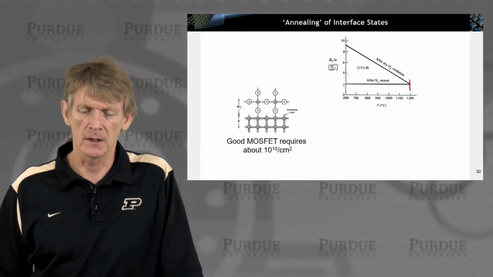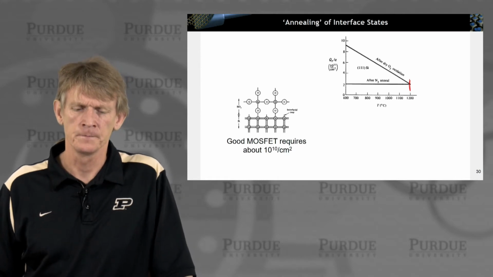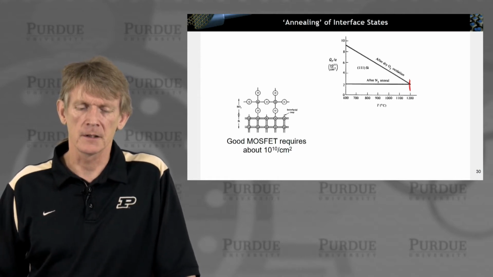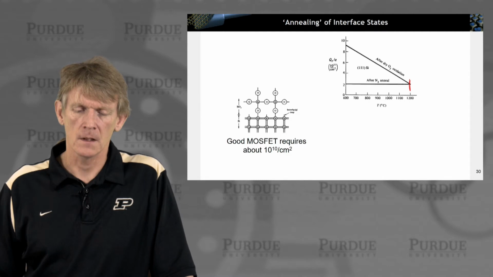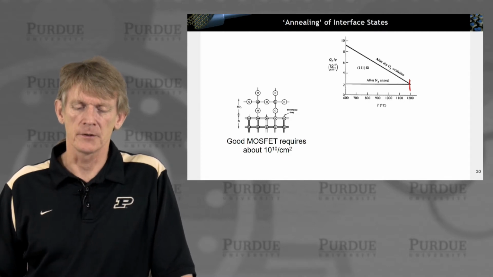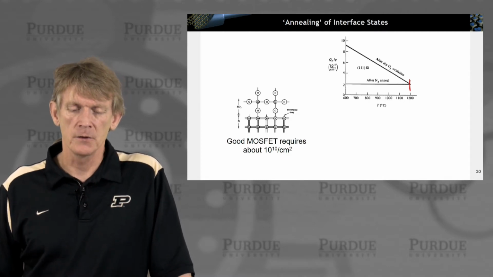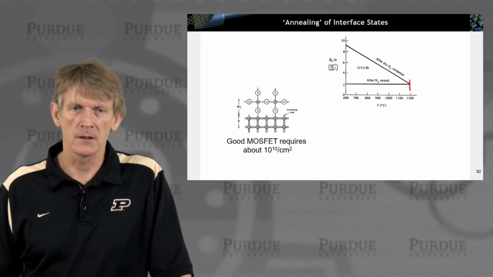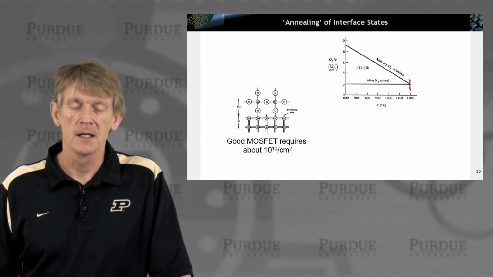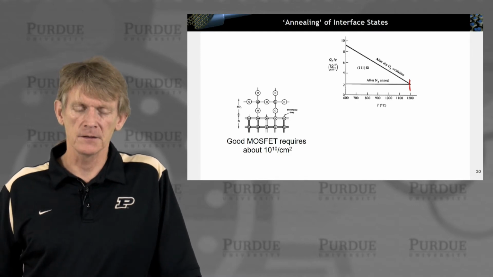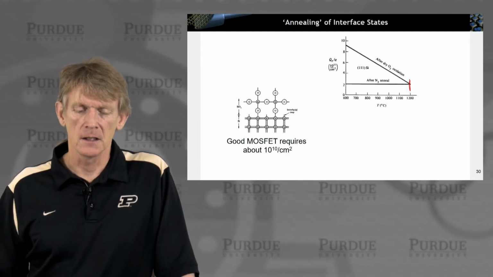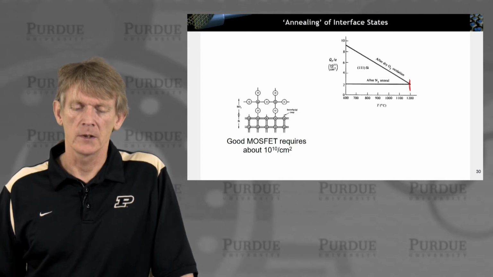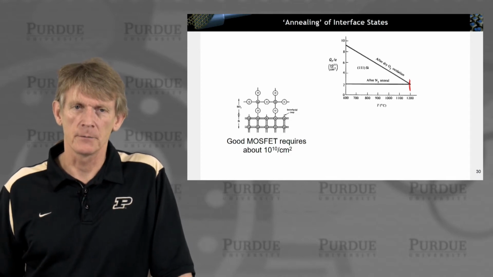Okay, so 1200 Celsius is a typical oxidation temperature. Now, if you anneal the structure by also including nitrogen in the gaseous phase, you can reduce the overall processing temperature.